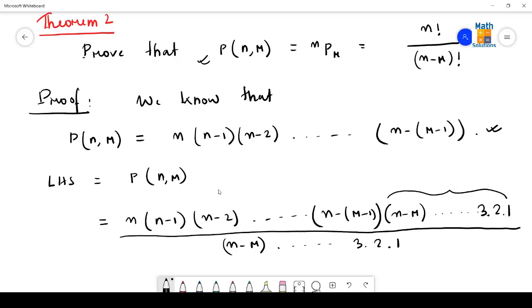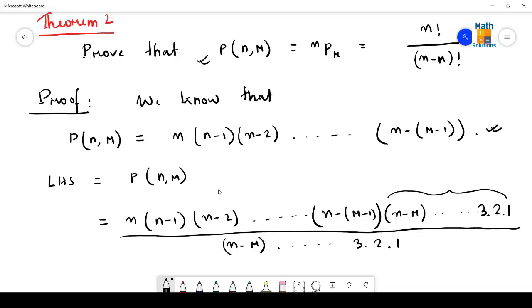So why are we doing this? Because if I write this with continuation up to 3, 2 and 1, I can get the result for n factorial. Yes or no? Because for n factorial, the result is what? n into n minus 1 into n minus 2 into n minus 3, with lots of terms in between, and continuation up to 3, 2, 1 as the last terms. Therefore, with an intention to get n factorial, I had to multiply both numerator and denominator with those terms which are not present in the numerator initially.